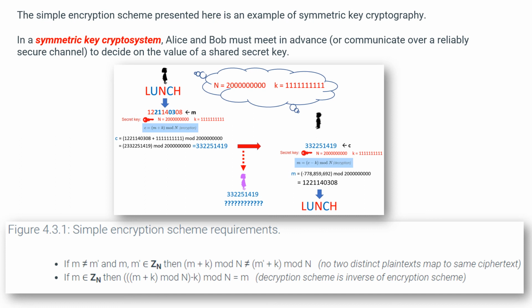This example that we did in the light blue boxes is just an example of a simple encryption scheme. It turns out that these two requirements do hold: we don't have two different plain texts mapping to the same ciphertext, and when something's encrypted, it's always going to be decrypted back to the original thing. That's all that's saying.